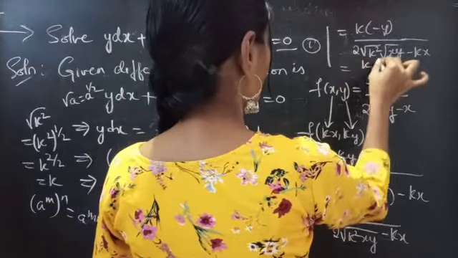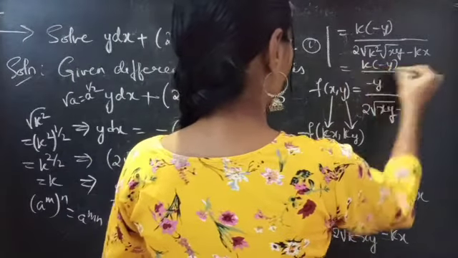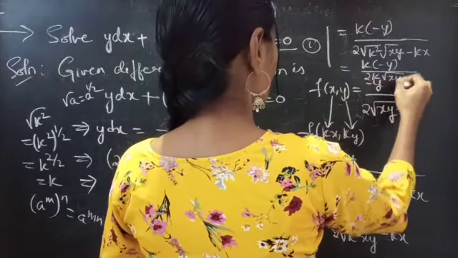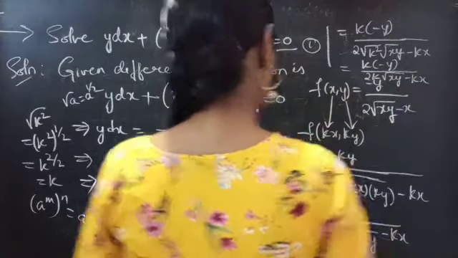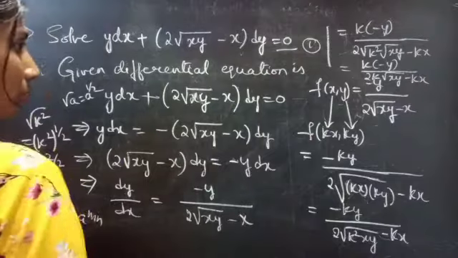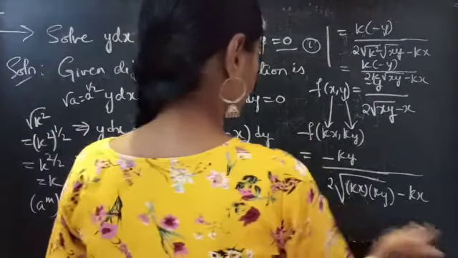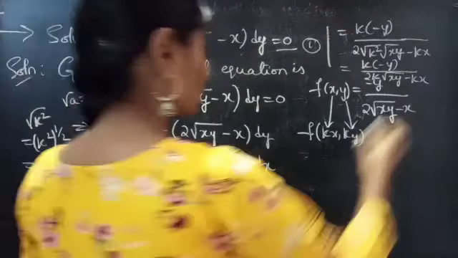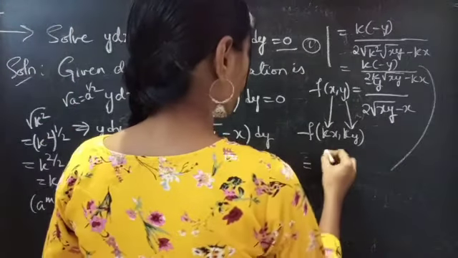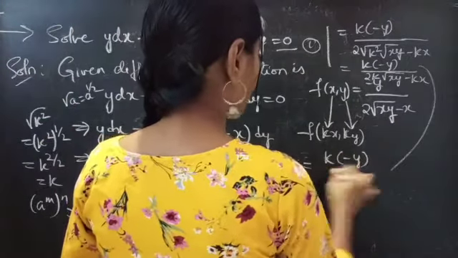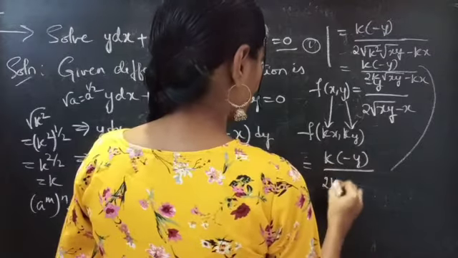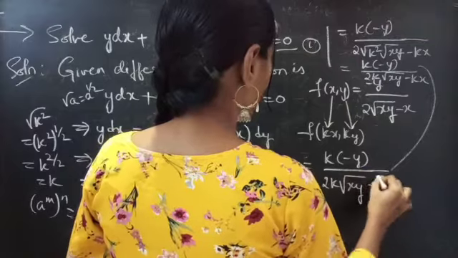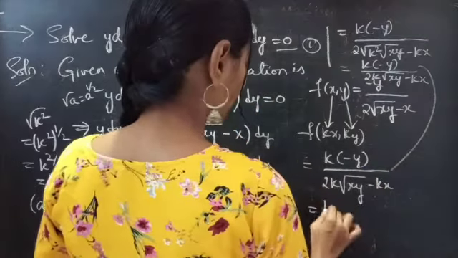This becomes k times minus y by 2 into k into square root of xy minus kx.